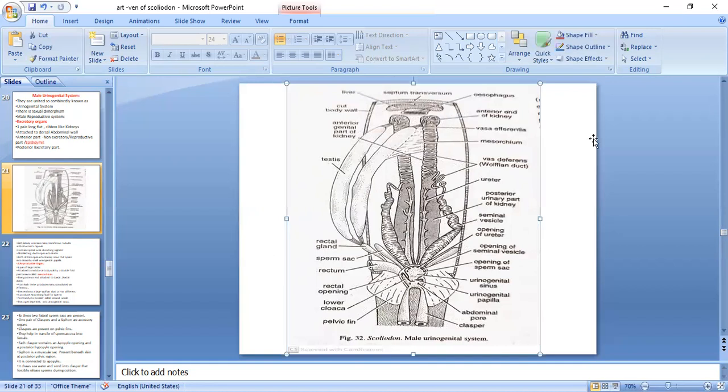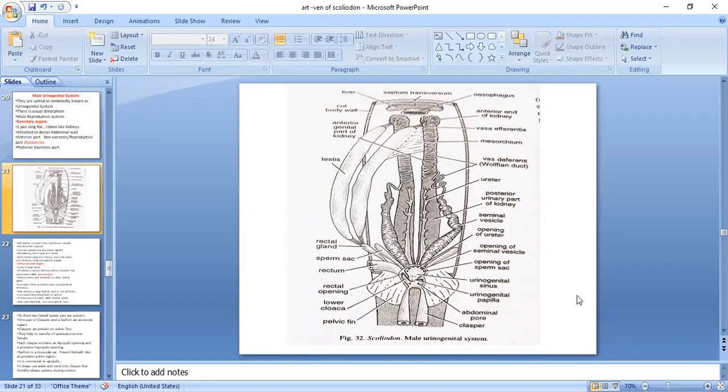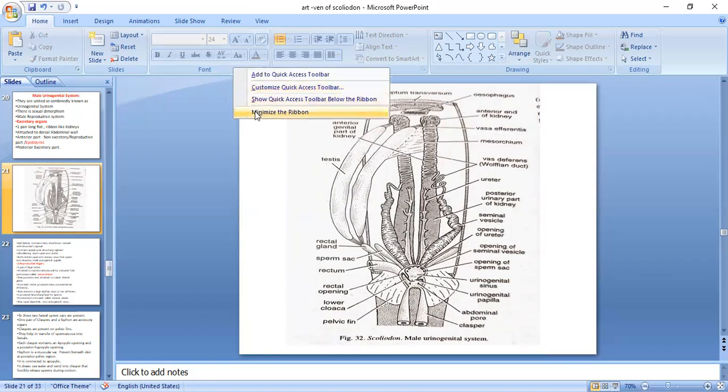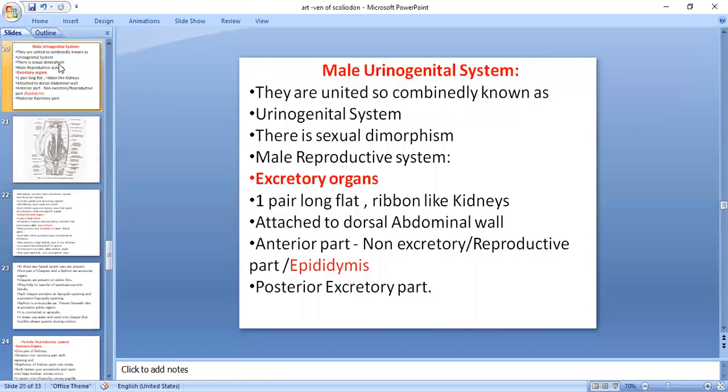They jointly open outside by a common aperture called cloaca. So naturally this system is called urinogenital system.